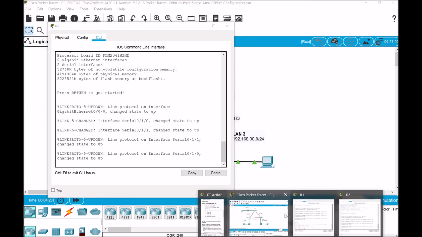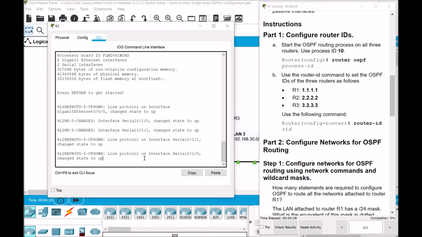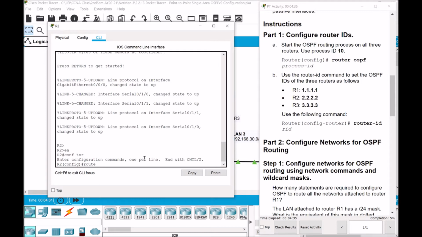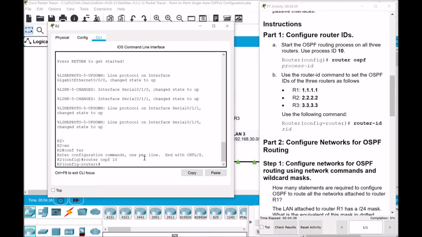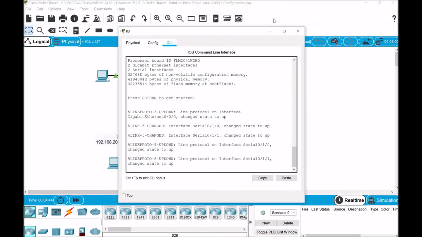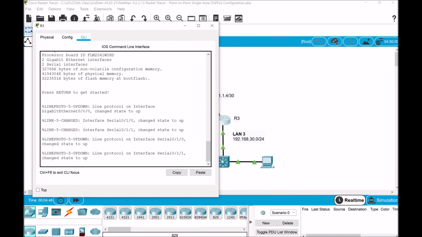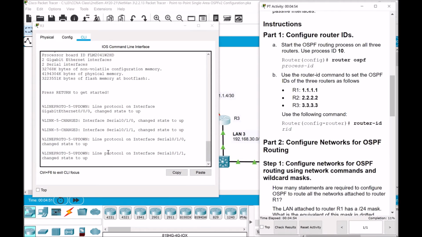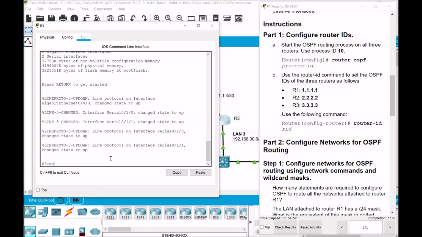For R2, router ospf, process ID is also 10, router-id 2.2.2.2. Alright, let's do the same for router 3.